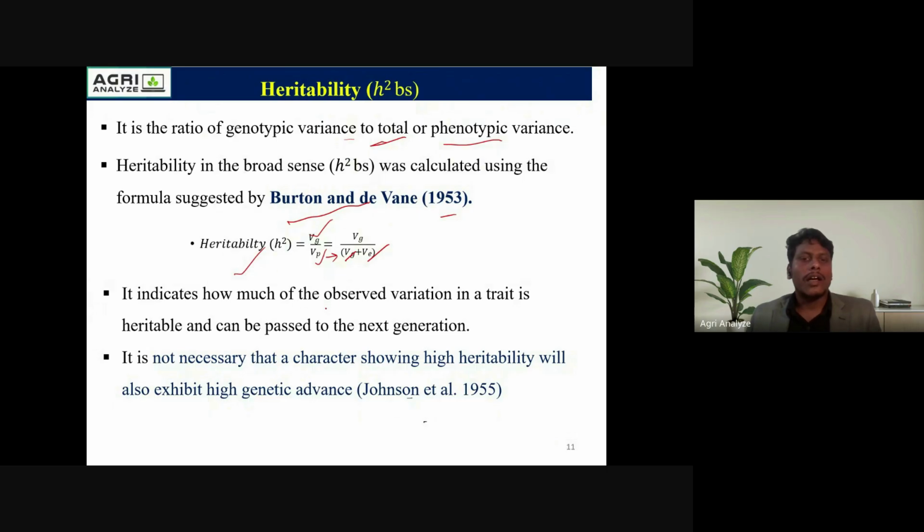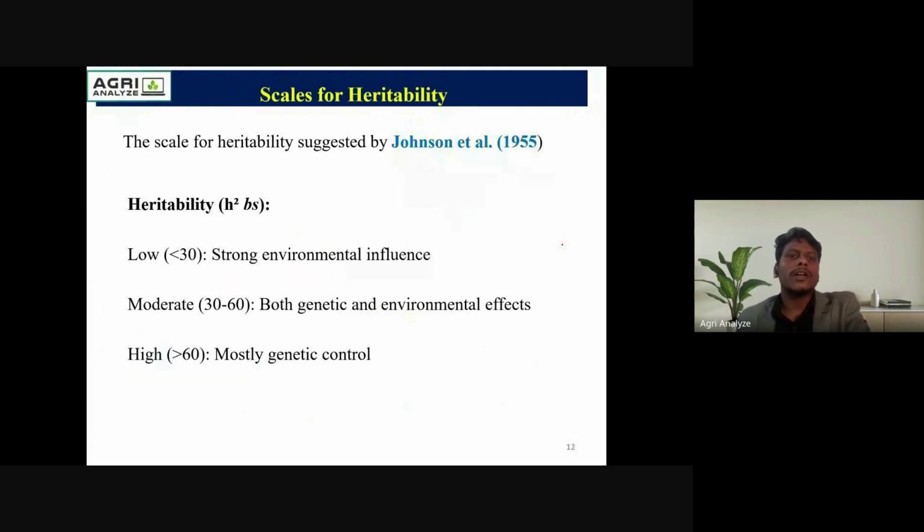It indicates how much of the observed variation in a trait is heritable and can pass to the next generation. It is not necessary that a character showing high heritability will also show high genetic advance, as noted by Johnson et al. in 1955. Coming to the next slide, this is the scale for heritability, also suggested by Johnson et al.